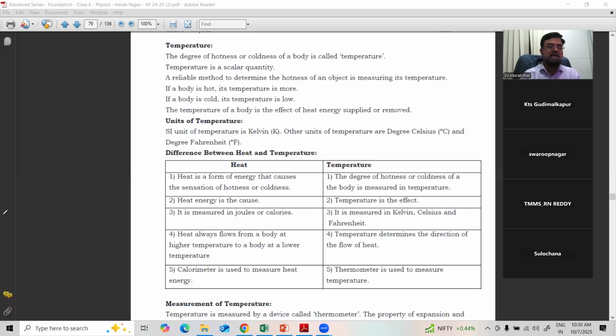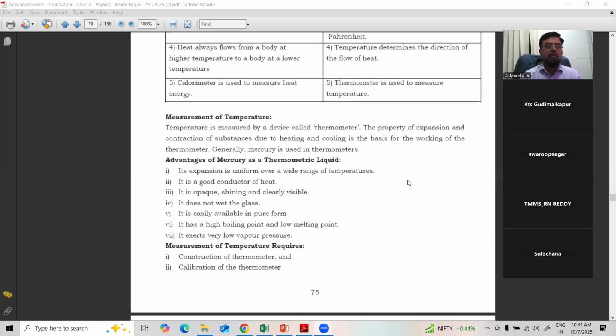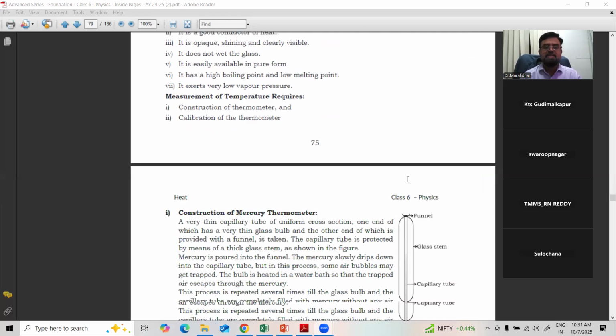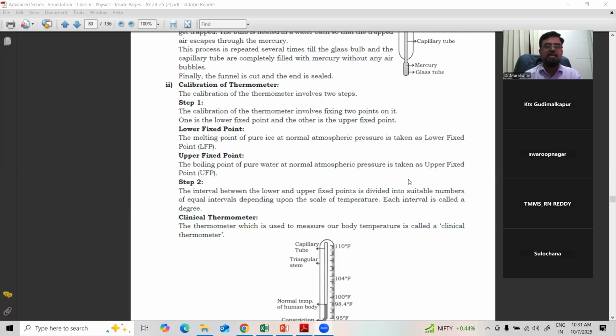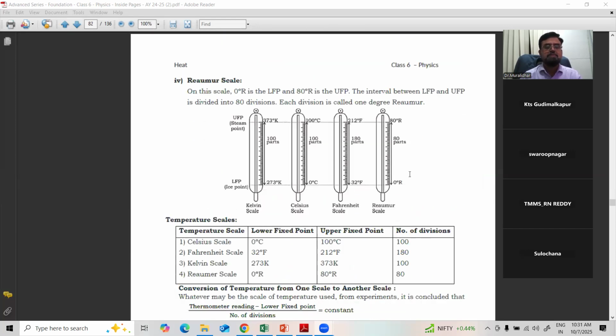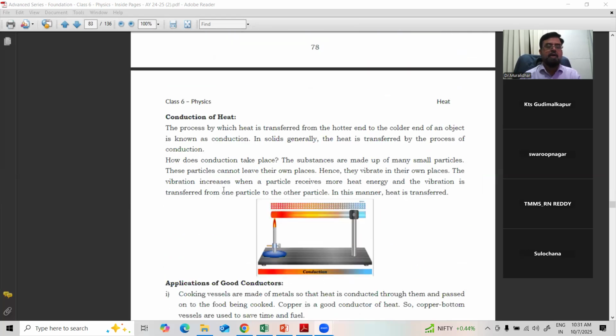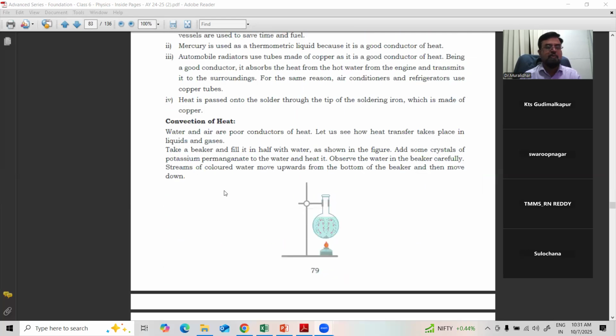When we move to the next class, we'll discuss the difference between heat and temperature, and how to measure the temperature by using the thermometer, advantages and disadvantages of thermometers, and the different types of thermometers. And the relationship between the thermometers, with some mathematical formulas, and how heat transmits through solids, liquids, and gases.